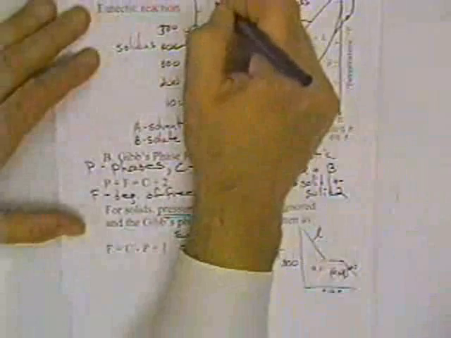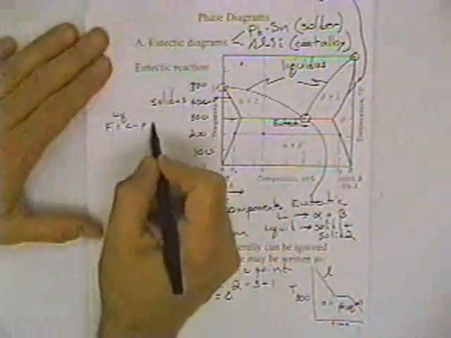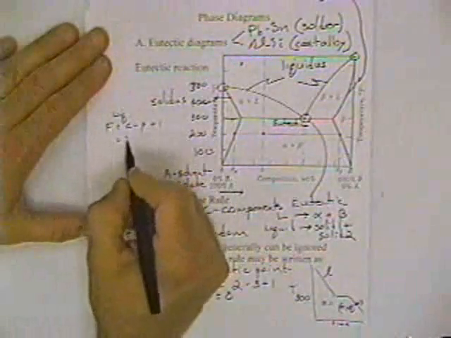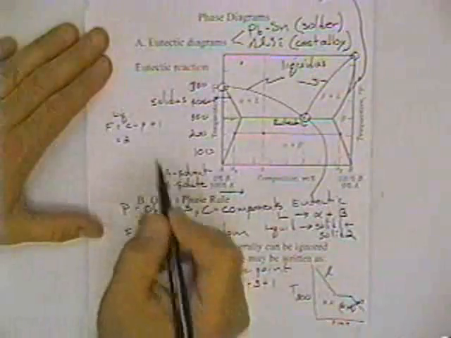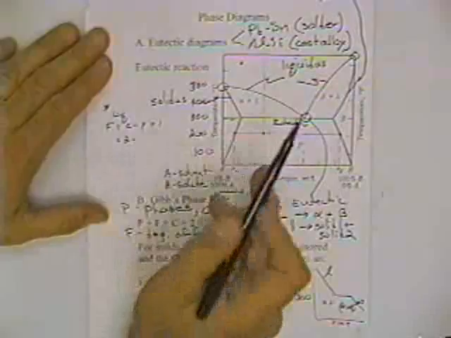Let's try a little example up here. So in the liquid range, how many degrees of freedom? We can write F is equal to C minus P plus 1. We have 2 components. How many phases?